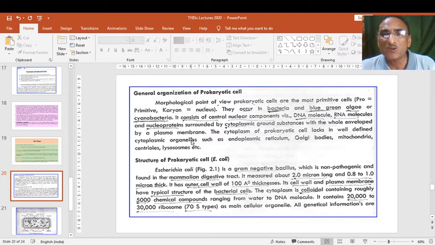This membrane bounds all the intracellular material and together it is called a prokaryotic cell. The cytoplasm of these prokaryotic cells lacks well-defined cytoplasmic organelles such as endoplasmic reticulum, Golgi bodies, mitochondria, centrioles, lysosomes, etc.